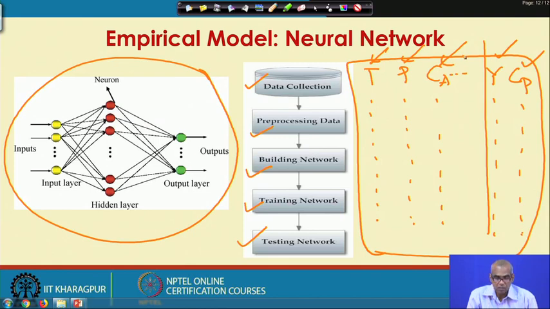During training, the neural network parameters will be adjusted and the neural network then can be used as a predictive tool that will give you the responses for a given set of inputs.